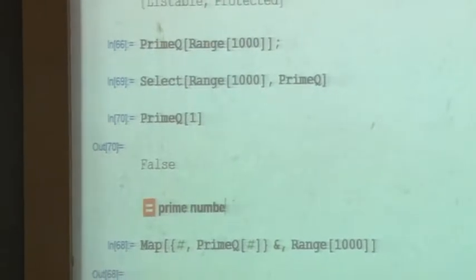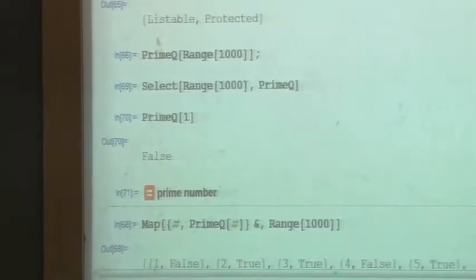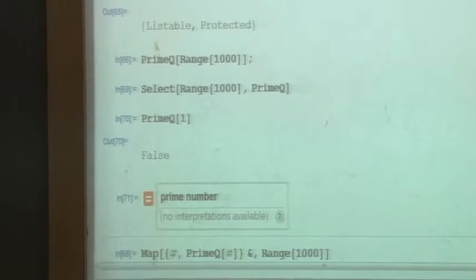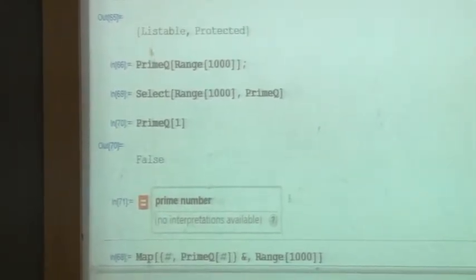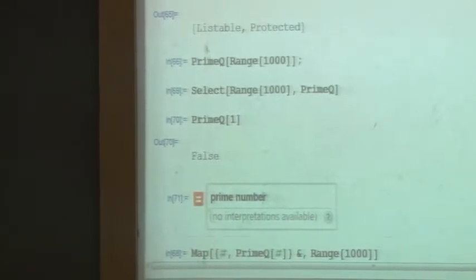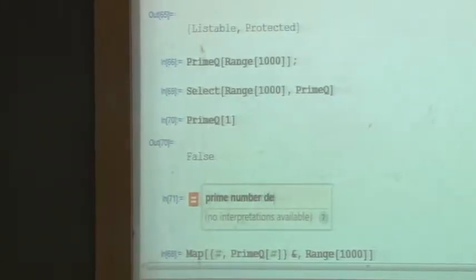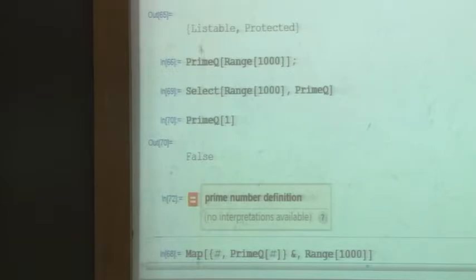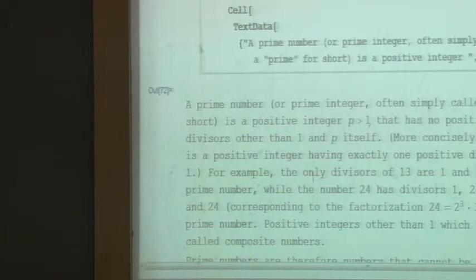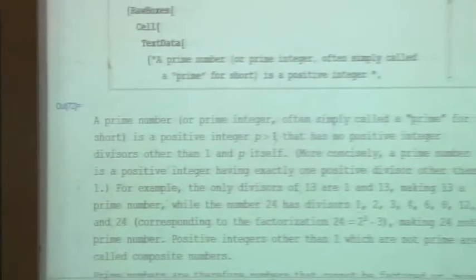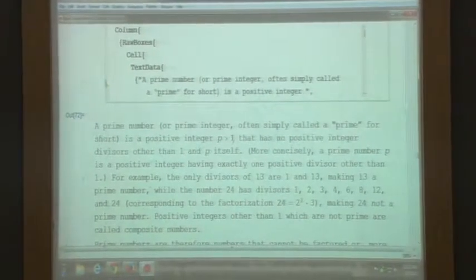Prime number. That's weird. Prime number definition: positive integer greater than 1. There you go.